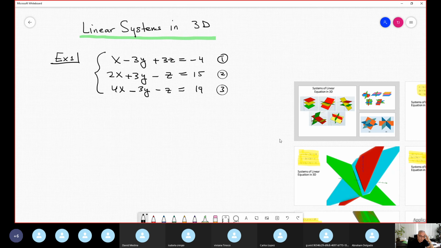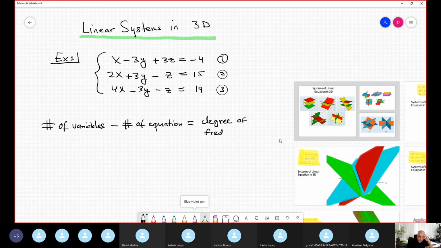So the number of variables minus the number of equations always represents the degree of freedom of our system or our mathematical object.